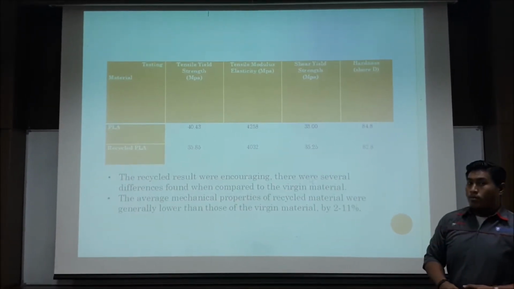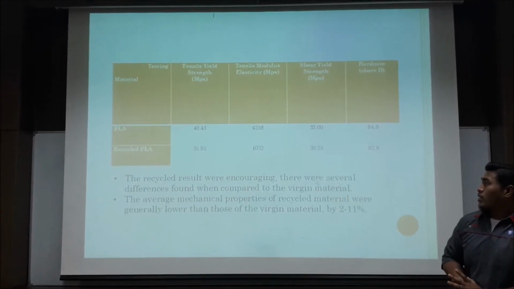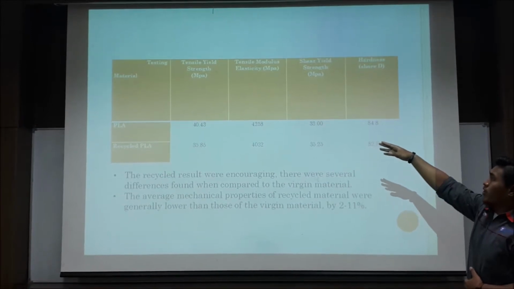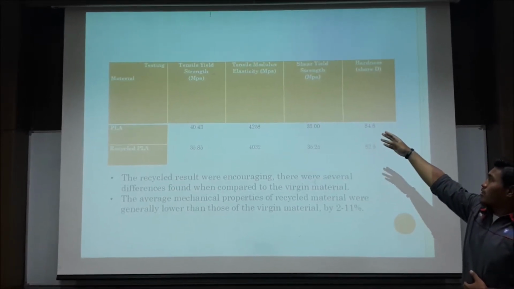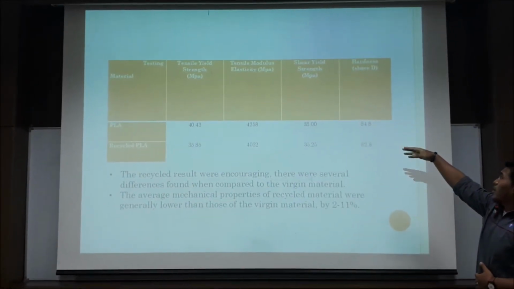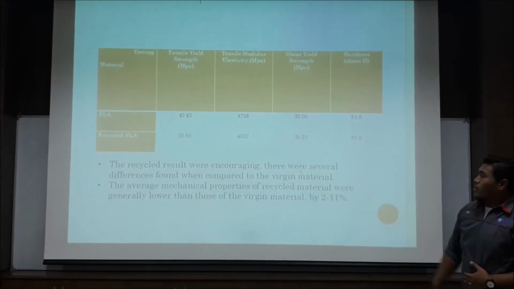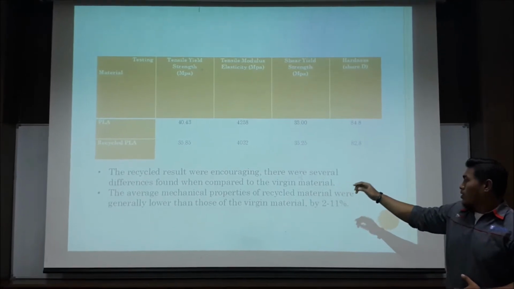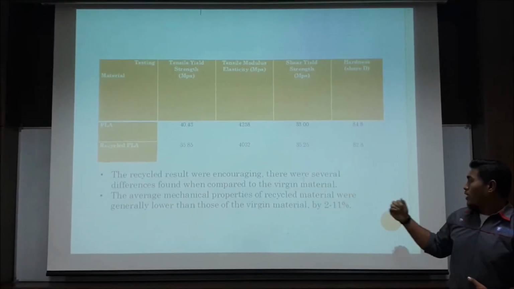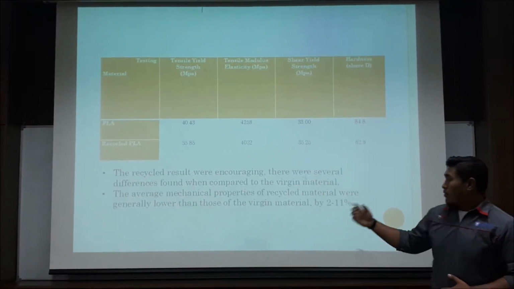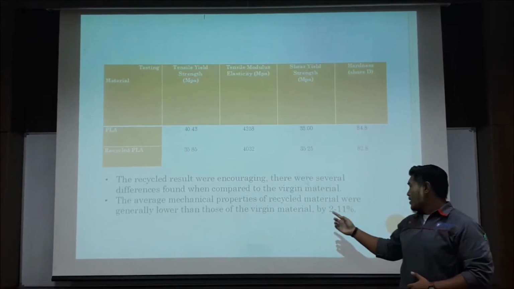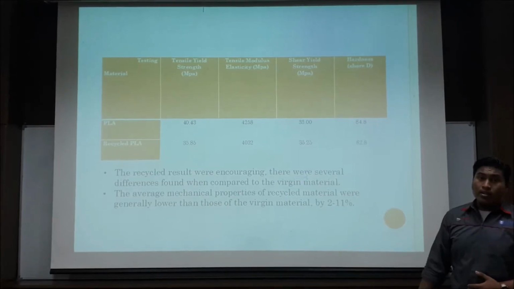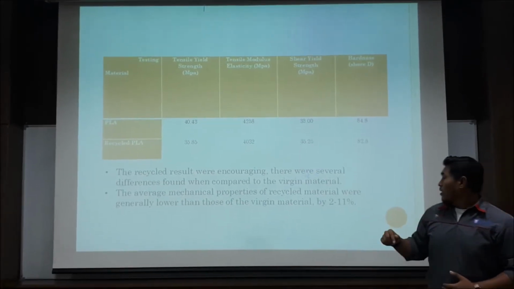From the conclusion, for the PLA and the recycled PLA, we can see the testing of tensile yield strength, tensile modulus of elasticity, shear strength and hardness. From this table, the results are encouraging. Several differences were found when compared to the virgin material. The average mechanical properties of recycled material were generally lower than the virgin material by 2 to 11%.